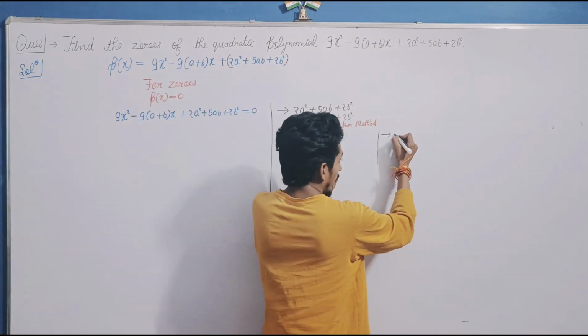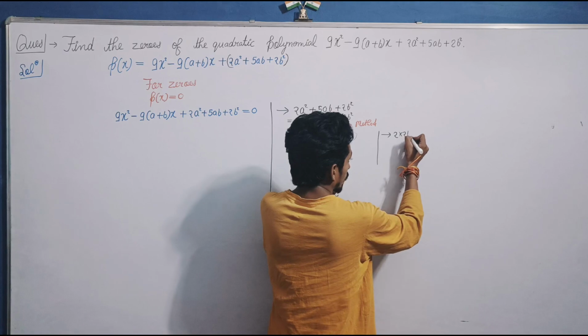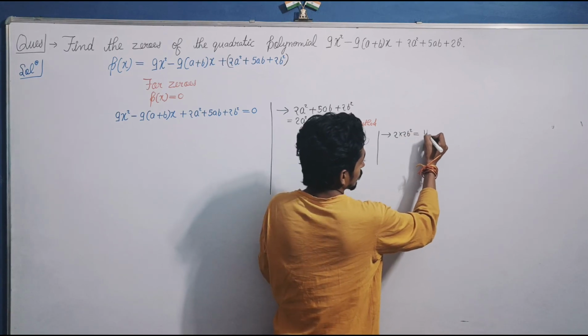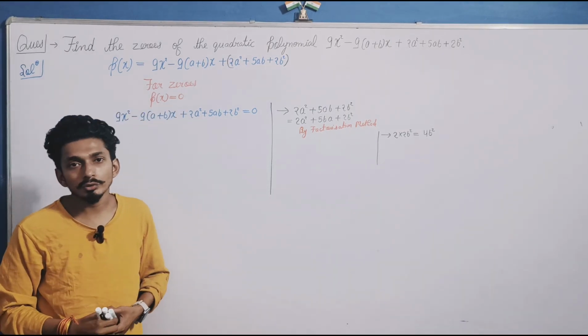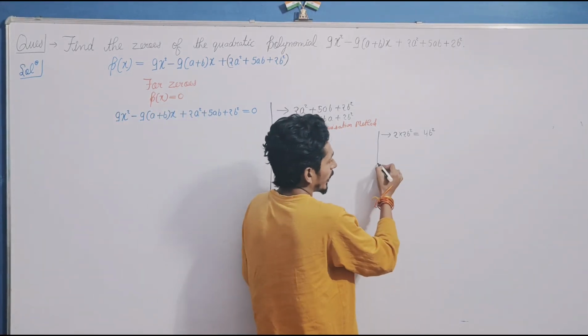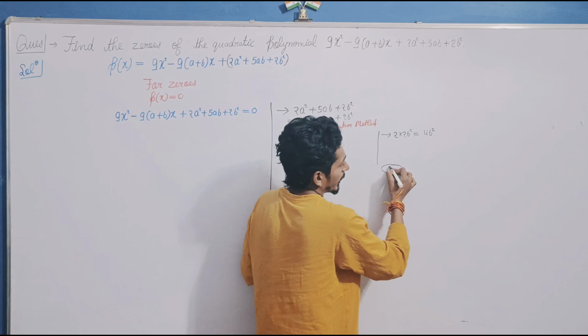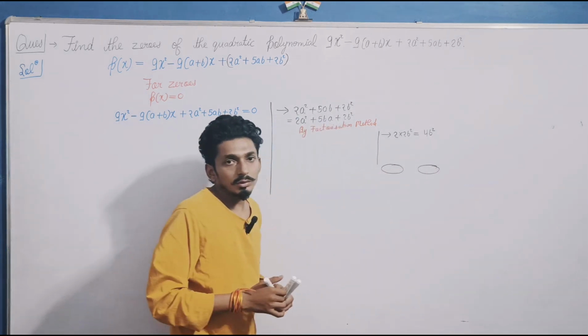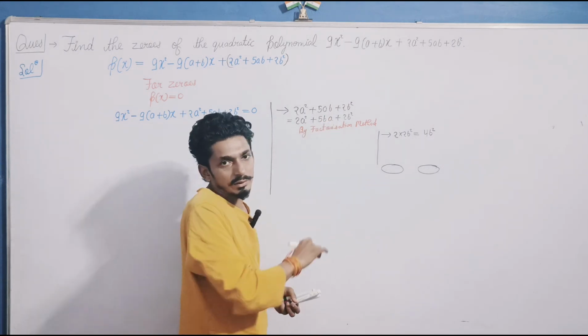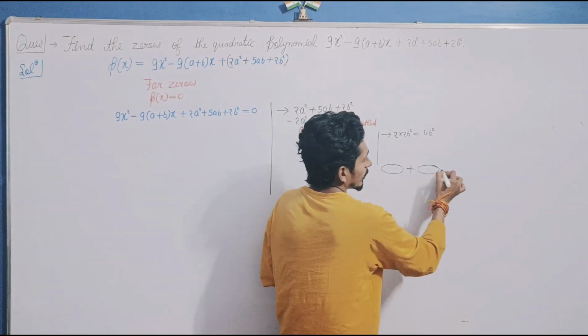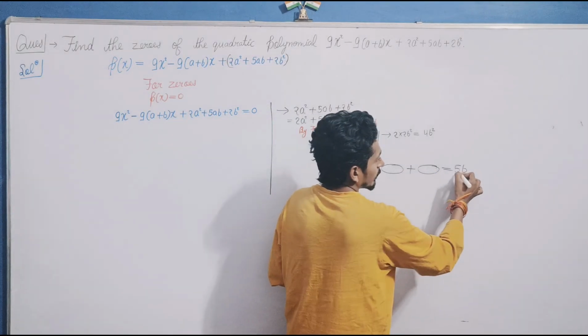So here we get 2 into 2b square, that is equal to 4b square. Yes or no? Now we want to write the pairs in such a way whose addition gives 5b. Yeah, whose addition gives 5b.